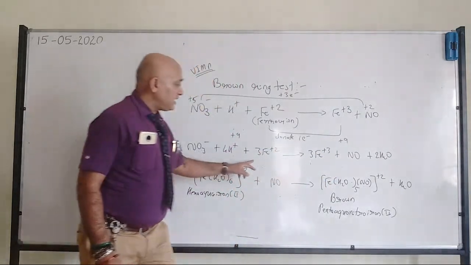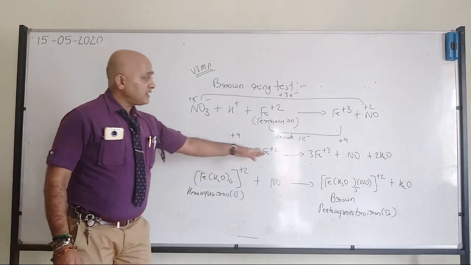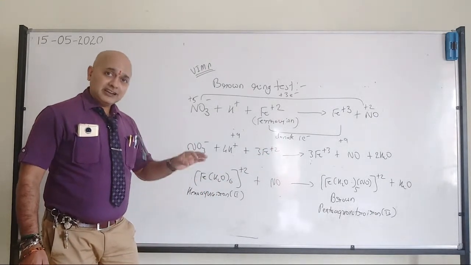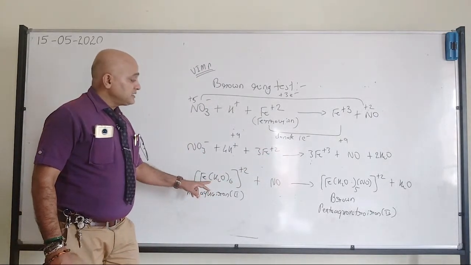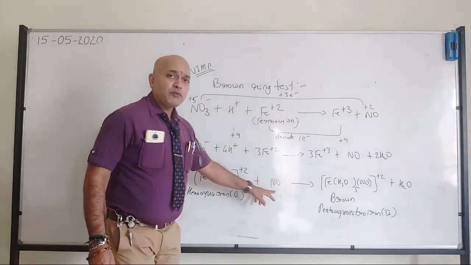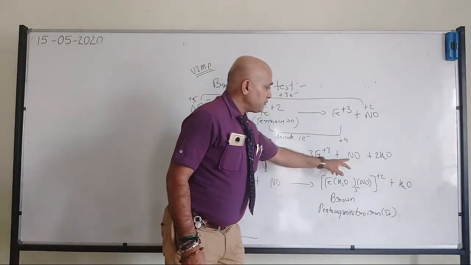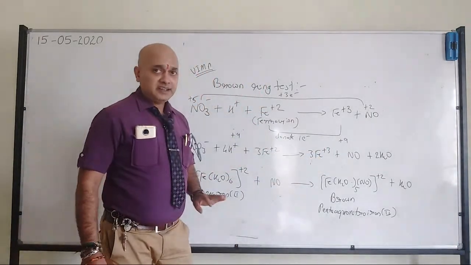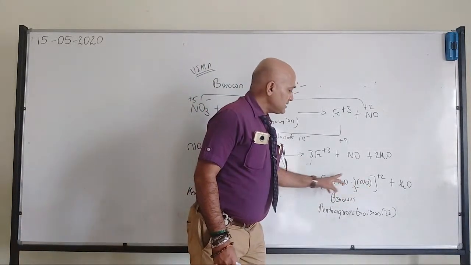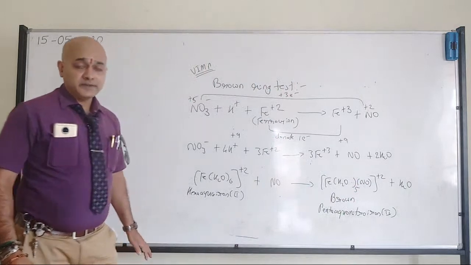Since we have taken ferrous solution in excess, all the ferrous ion will not be utilized. There will be leftover ferrous ion, which is going to be in complex with water, and it will take up the nitric oxide which has been formed from the nitrate. That nitric oxide along with the aqua complex will give the brown ring.